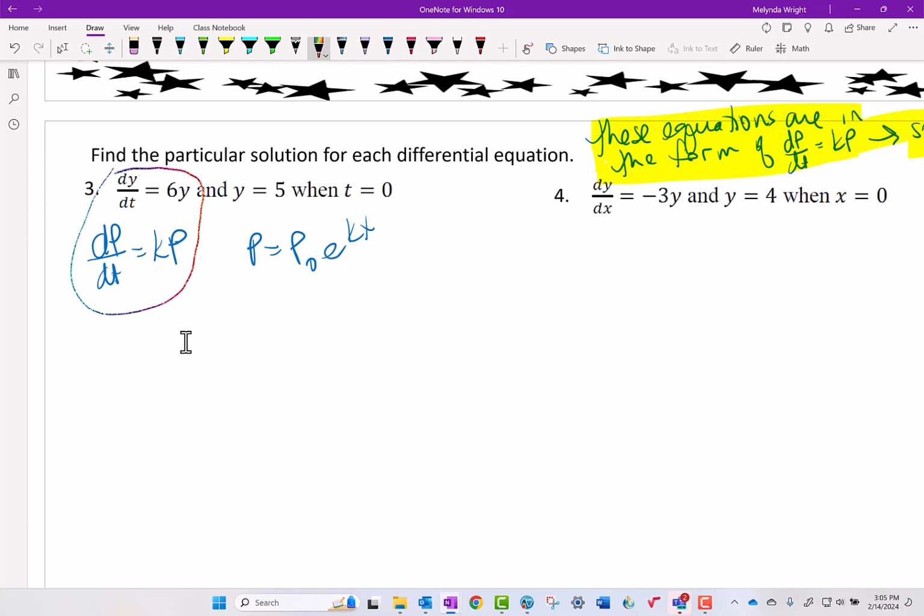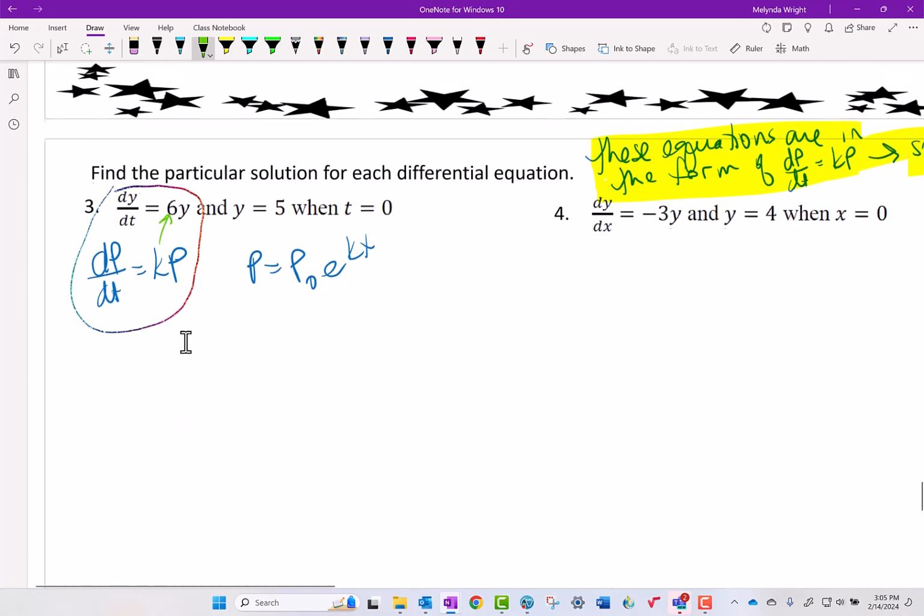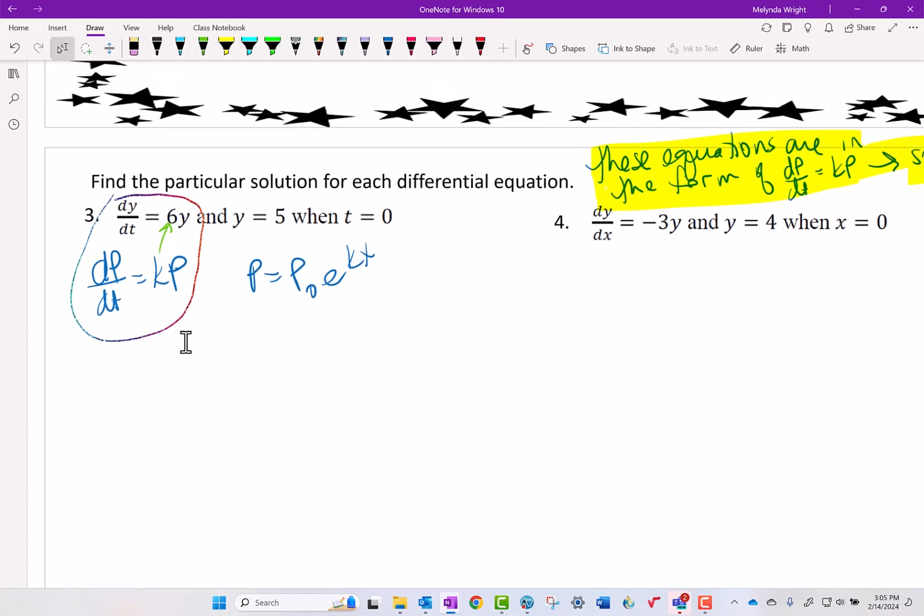And notice what k is. They tell us, I mean, it's right there. K is 6. I mean, that's what it is. Okay, so that's so far. So I'm comparing differential equations to differential equations. Everybody understand what variable we're using and what k is? That's what we get out of it. What variable we're using and what k is.